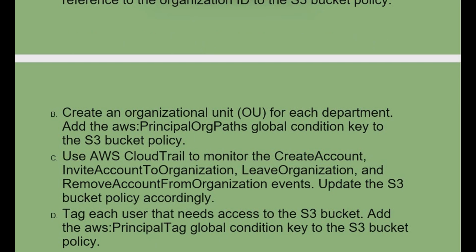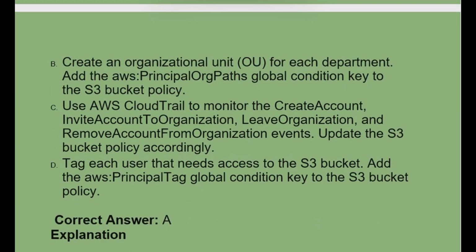Option C, use AWS CloudTrail to monitor the CreateAccount, InviteAccountToOrganization, LeaveOrganization, and RemoveAccountFromOrganization events. Update the S3 bucket policy accordingly. Option D, tag each user that needs access to the S3 bucket. Add the aws:PrincipalTag global condition key to the S3 bucket policy. Correct answer is option A.